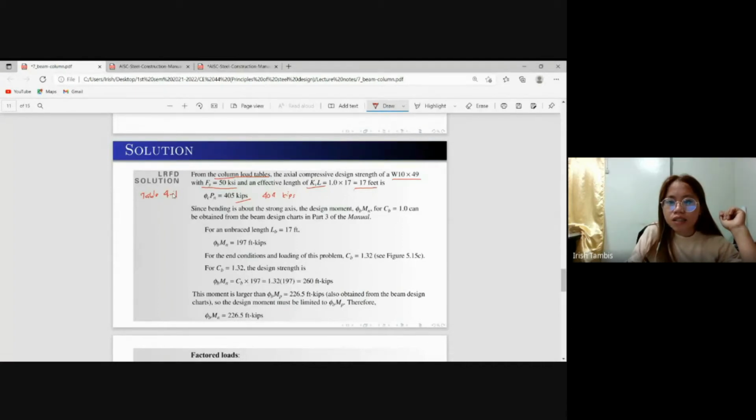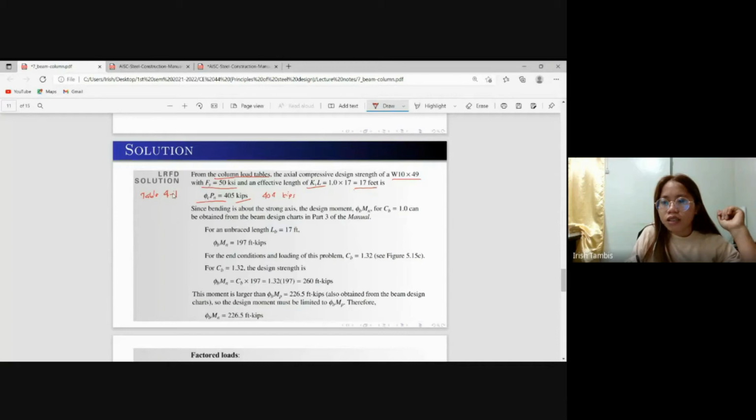So, since bending is about the strong axis, the design moment, phi sub b times nominal moment, for C sub B 1.0 can be obtained from the beam design charts in chapter 3 of the manual. So, we're done with finding this term for the LRFD solution for W10 by 49.